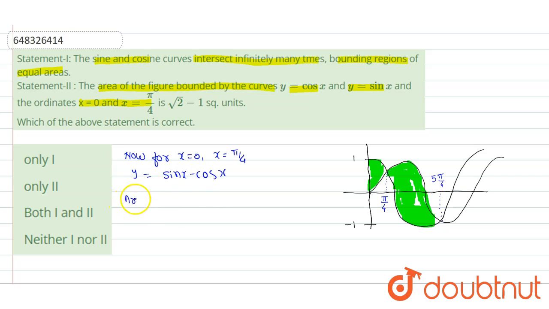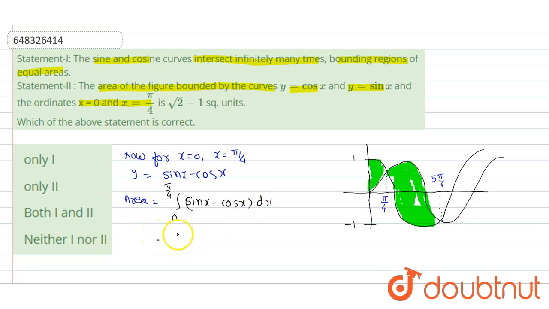Now the area is equal to the integration from 0 to pi by 4 of (sin x minus cos x) dx. What is the integration of that?